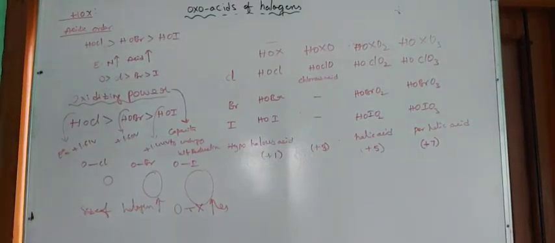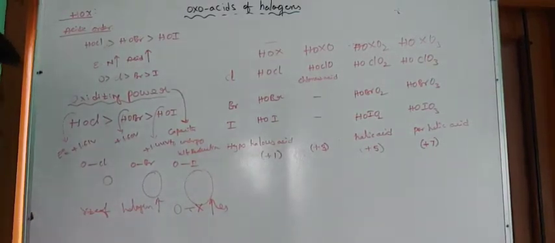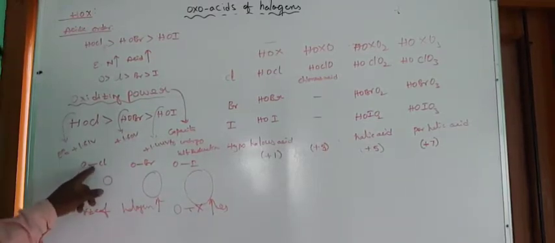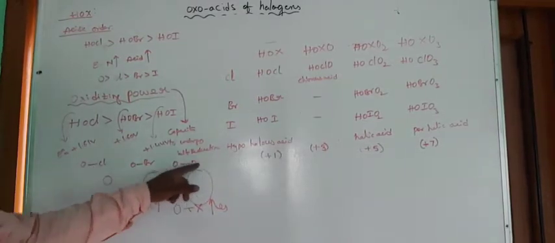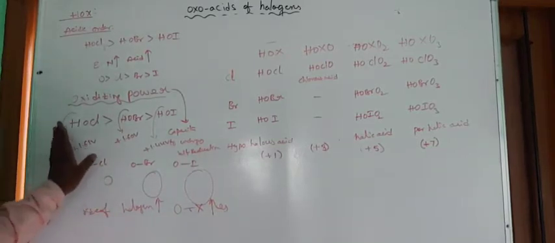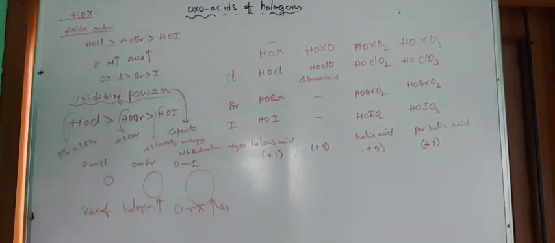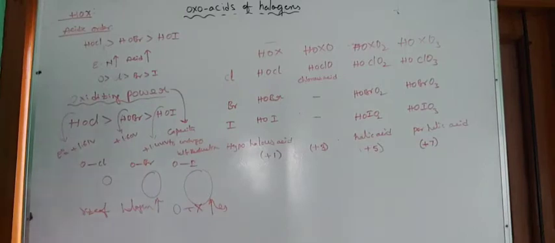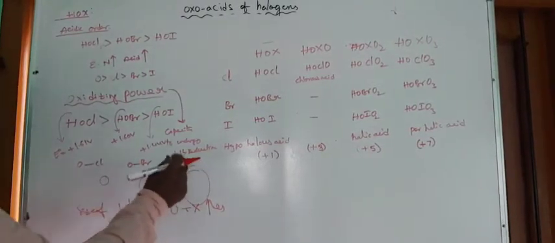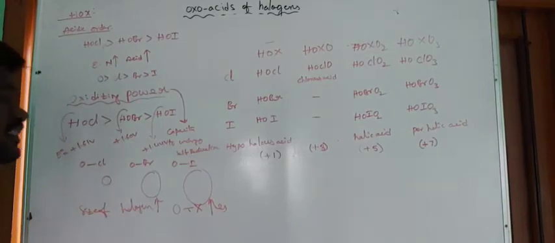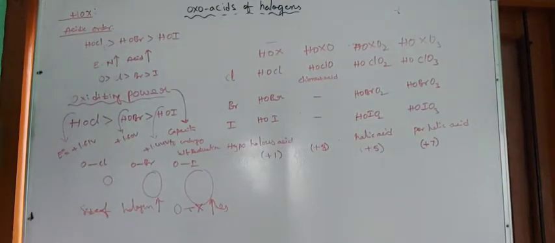So here the bond strength or thermal stability of the bond between OCl, OBr and OI increases from HOCl to HOI. When the thermal stability of this bond increases, its oxidizing power decreases.